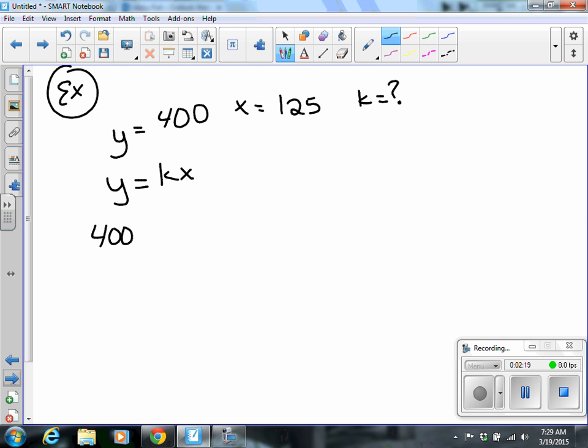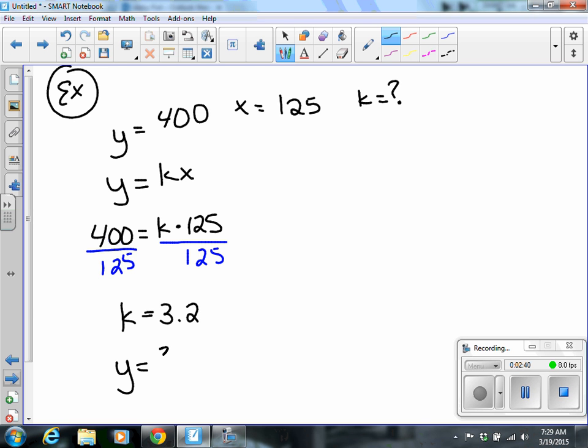I have 400 equals k times 125. Because I'm multiplying by 125, I'm going to go ahead and divide by that. When I divide, it's okay that it's a decimal. K equals 3.2. So my equation is y equals 3.2x.